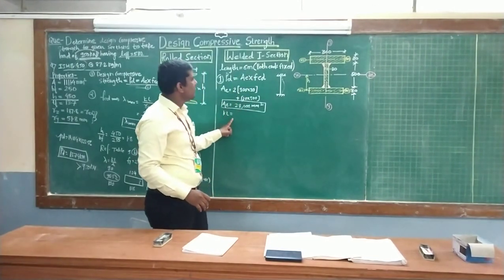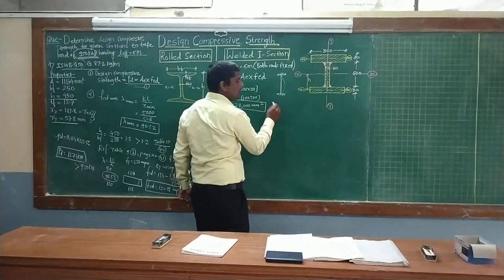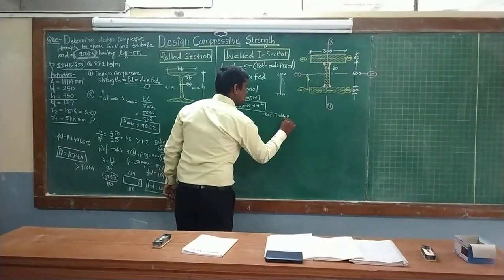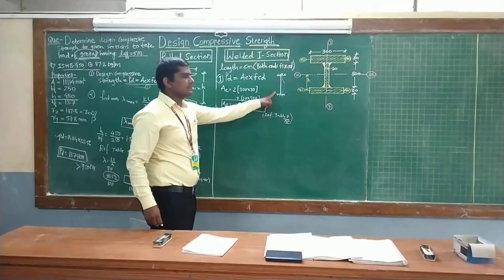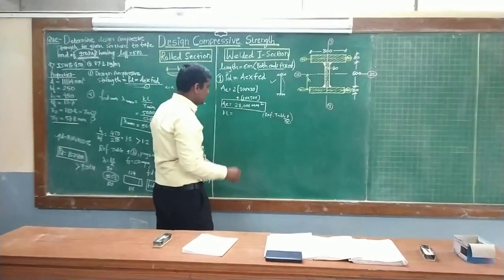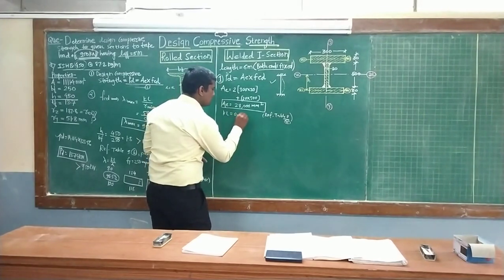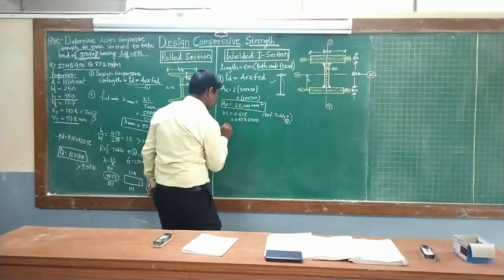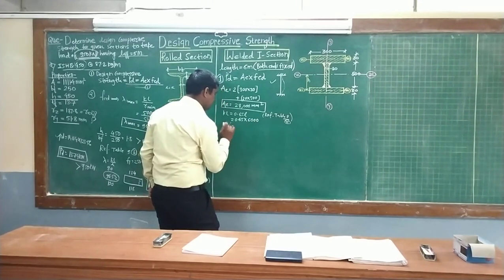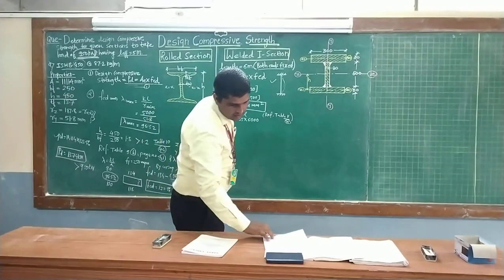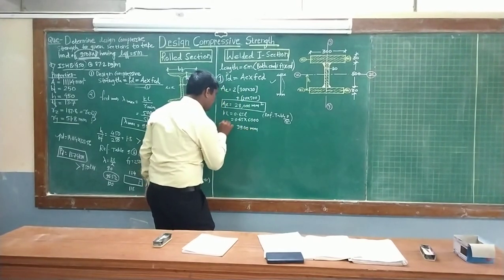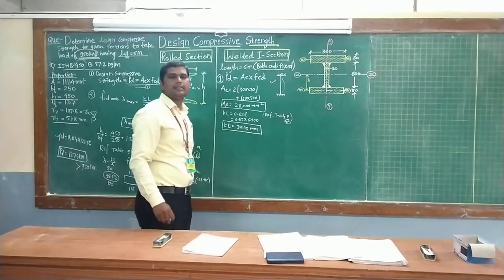Referring to Table 11, page number 45, case number 6, both ends fixed, KL is equal to 0.65 times L. So 0.65 times 6000 mm gives KL equal to 3900 mm. This is the effective length.